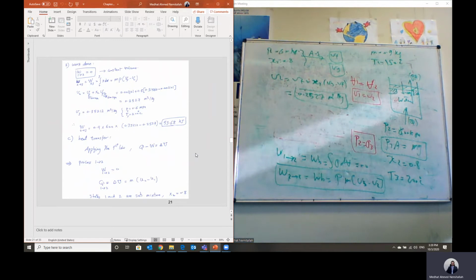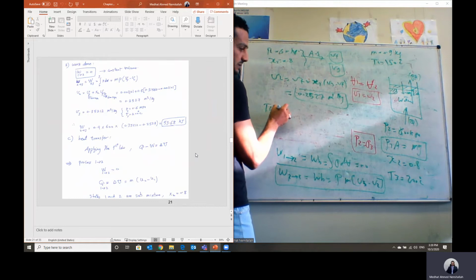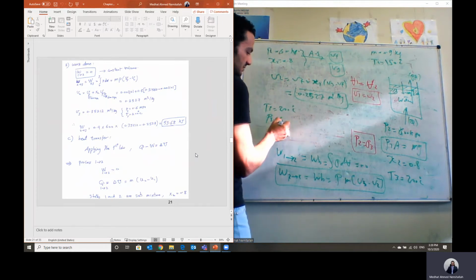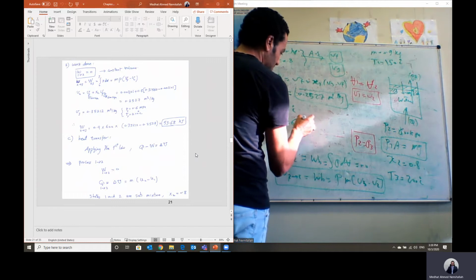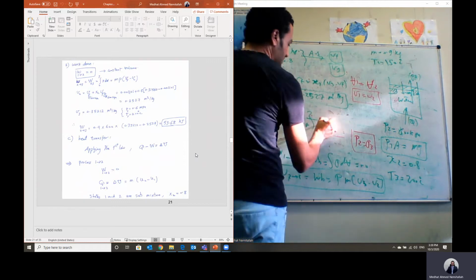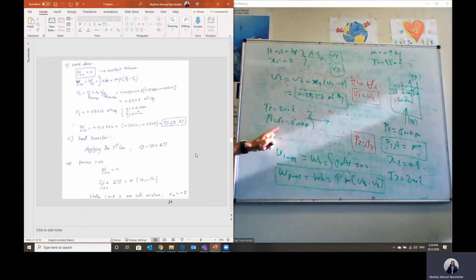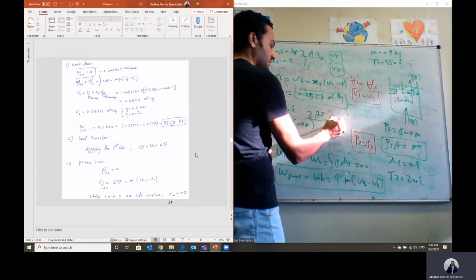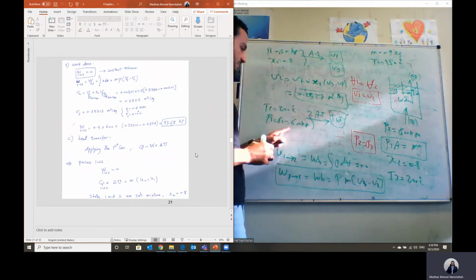This is V2. What about state number 3? At state number 3, we have temperature T3 equal to 200 degrees C, and the pressure P3 is the same as P2, which is 600 kilopascal. Pressure and temperature are given. You can take this pressure, go to table A5, and get the saturation temperature at this pressure.